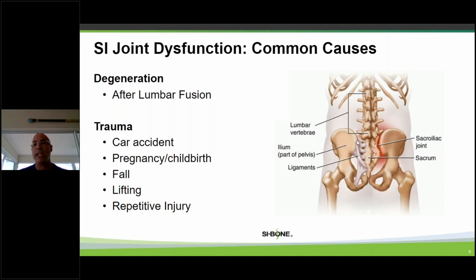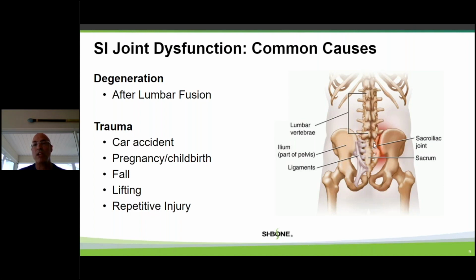Any kind of injury that causes a fracture to the SI joint can cause arthritis, which is wear and tear of the articular cartilage there. Anything that can damage the cartilage, the ligaments, or the muscles, which aren't pictured here, that support the SI joint can cause sacroiliac joint dysfunction.